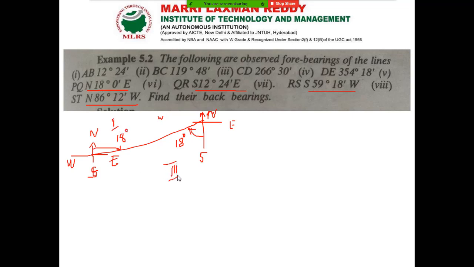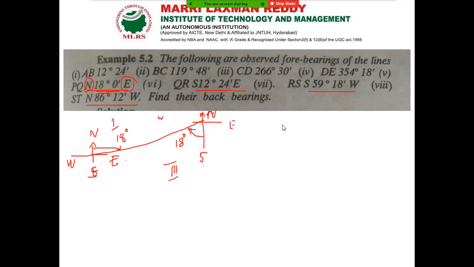So in the third quadrant, instead of north we have south, instead of east we have west. So the only thing is, we don't change the value, only the direction. The value does not change here.